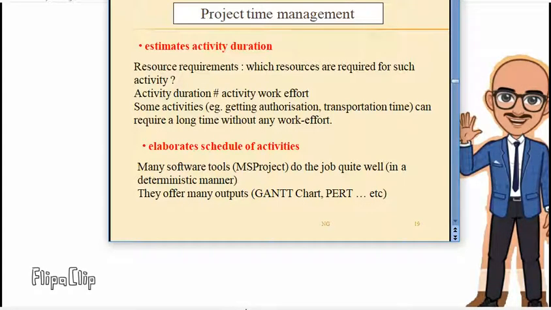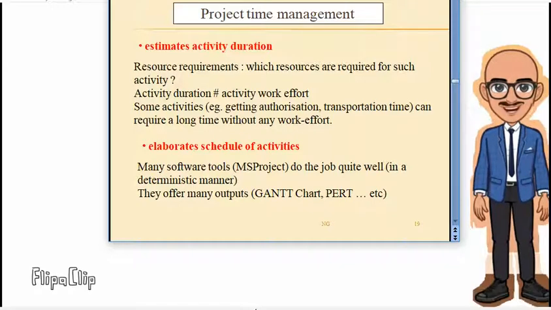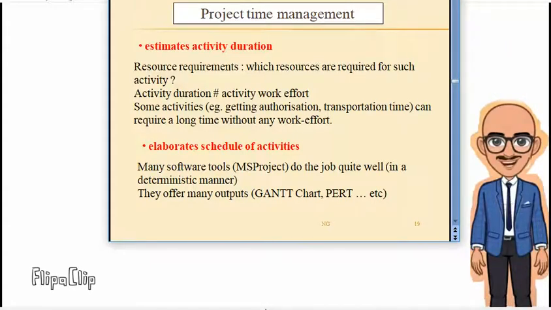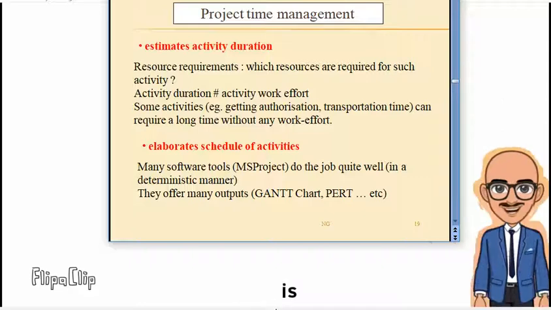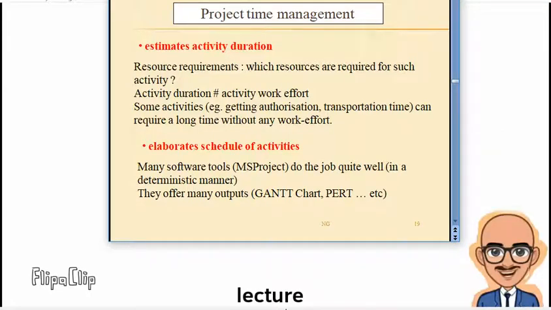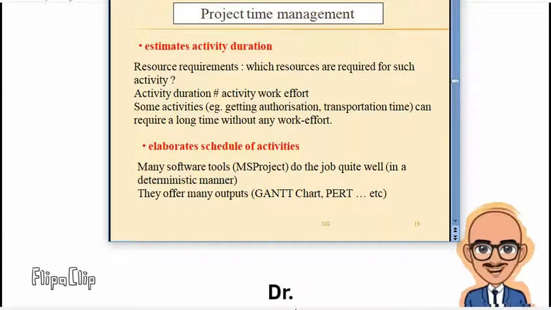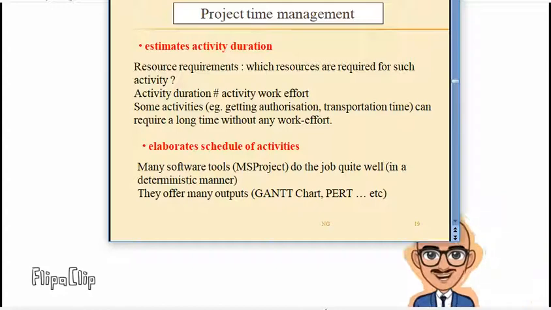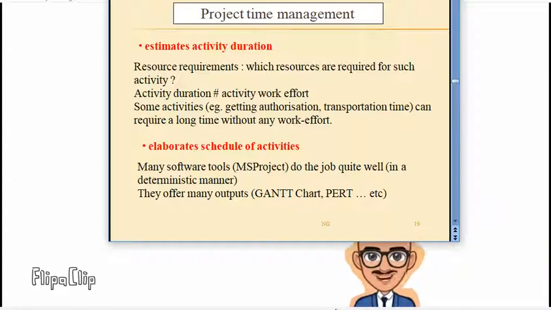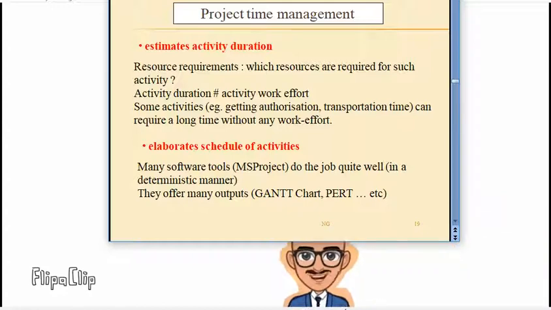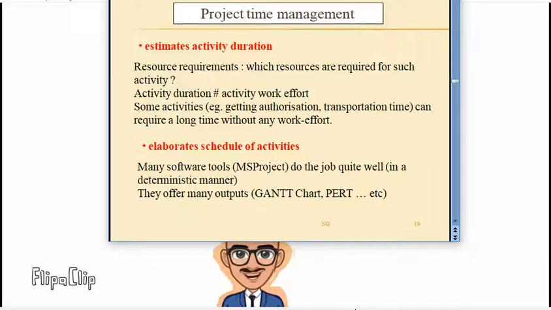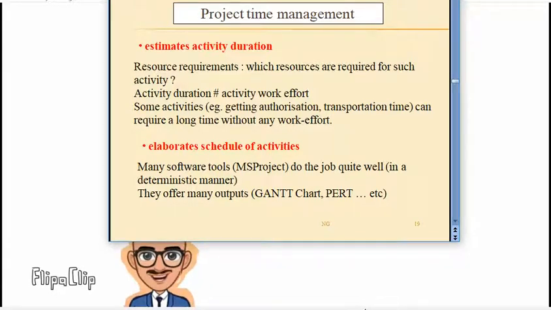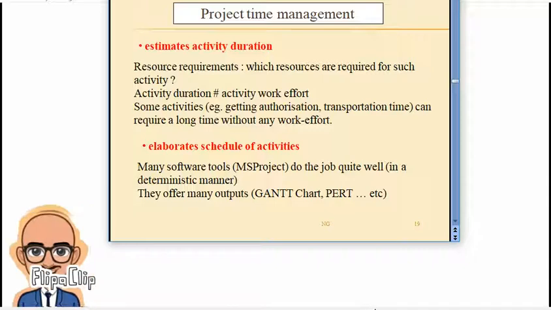While planning, you may be jotting down the requirements, but while implementing, there may be some difficulties during the actual implementation. Then activity duration or activity work effort is what is required for an activity, how much time is required to complete a particular activity.